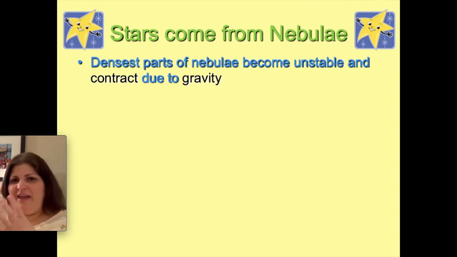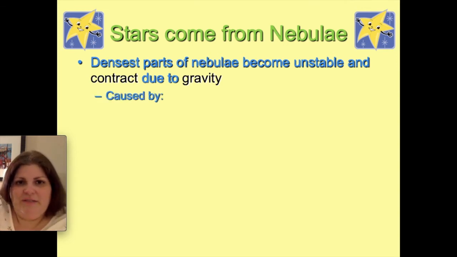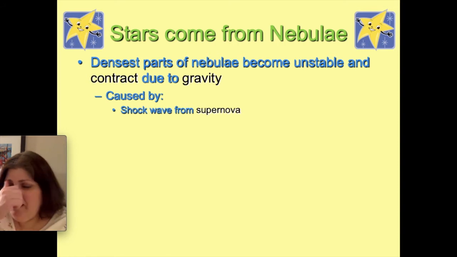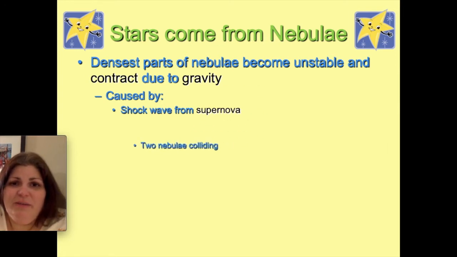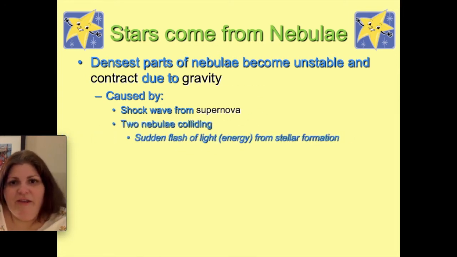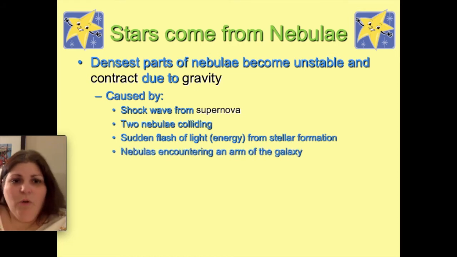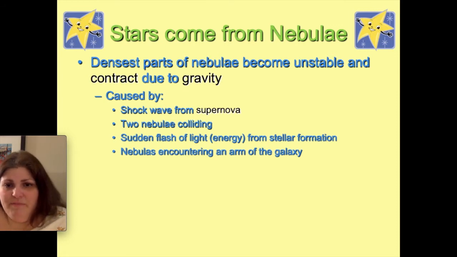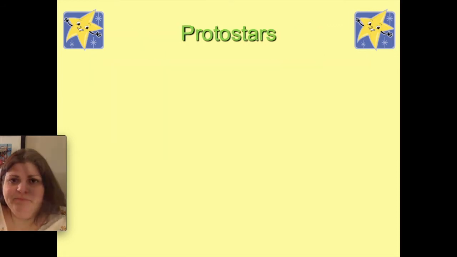That instability leads to collapse into a star. That instability, that thing causing the particles to get too close together, could be something like a supernova, a nearby explosion of energy due to sudden fusion, or nebulae colliding. There's a whole bunch of theorized ideas of what could cause it, but something causes that dark nebula to become unstable and collapse.